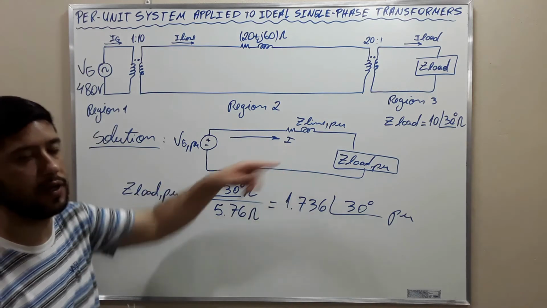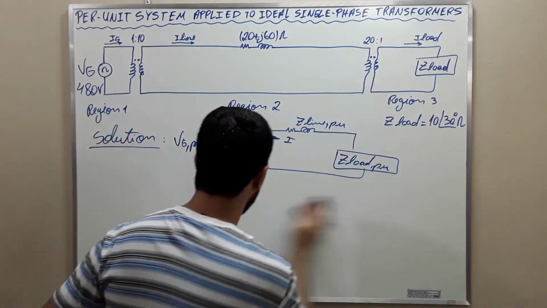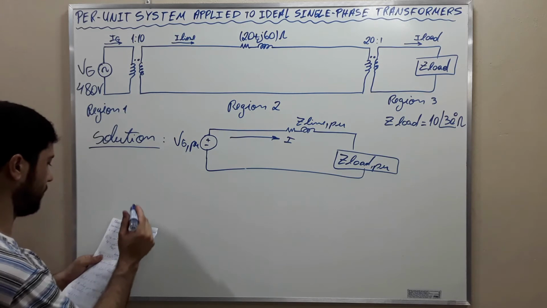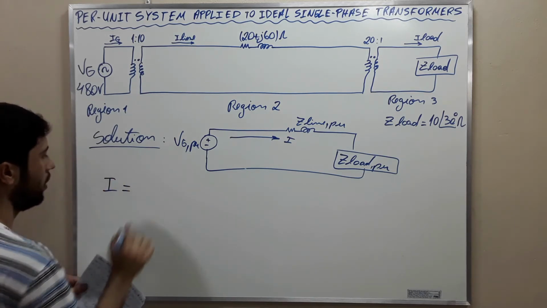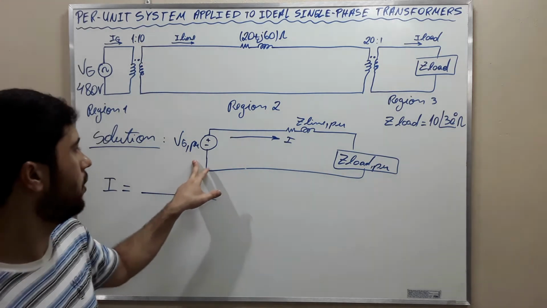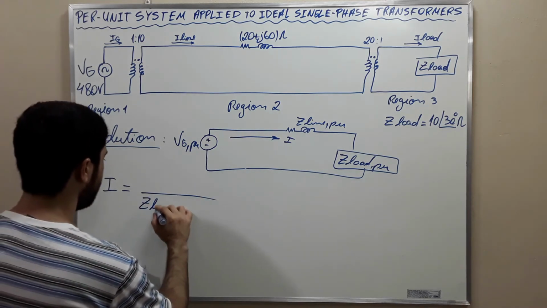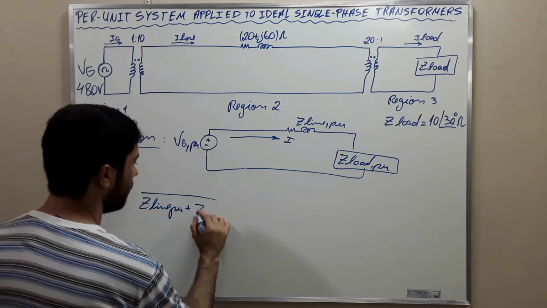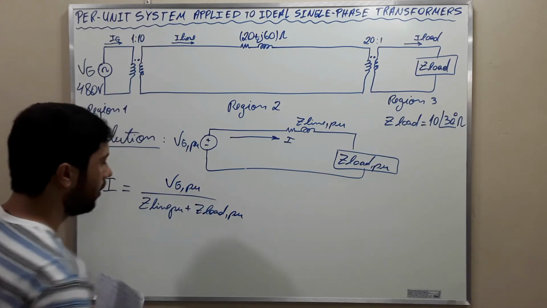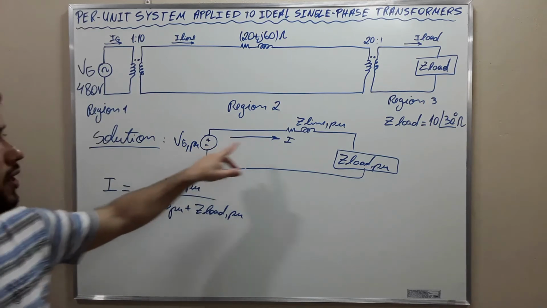Now we are going to find this current here. The value of the current is the division between the voltage of the generator in per unit and the sum of the impedances.